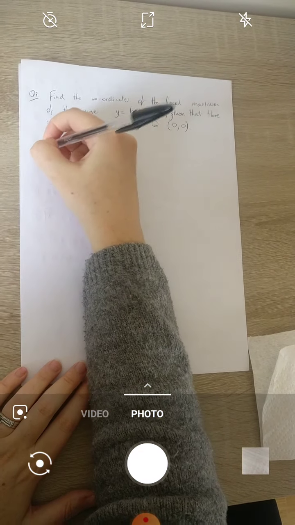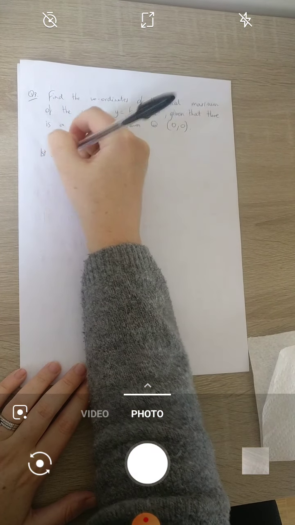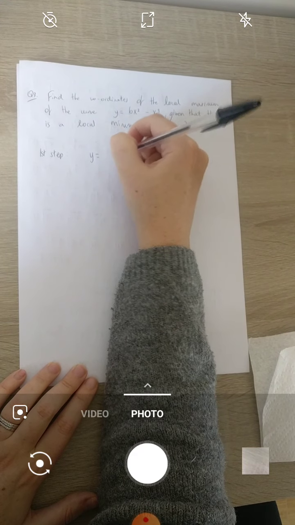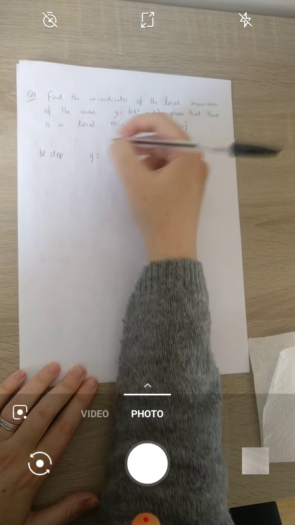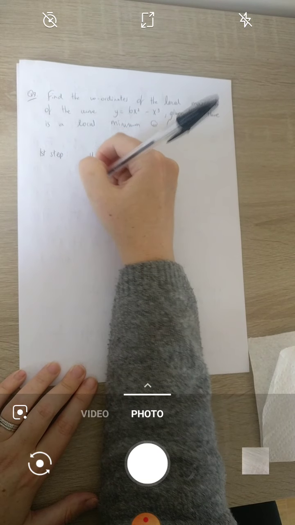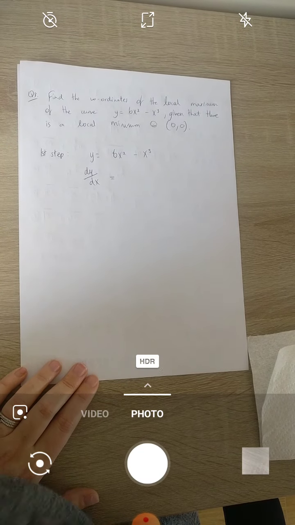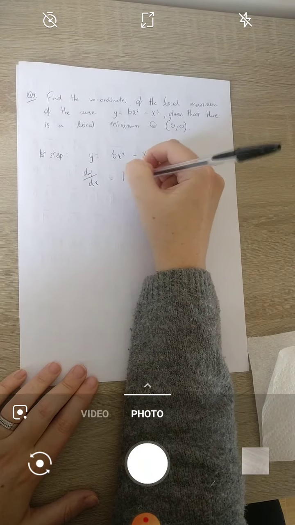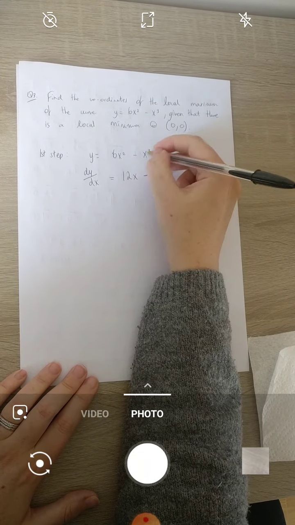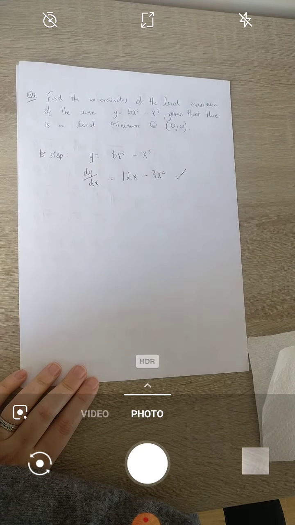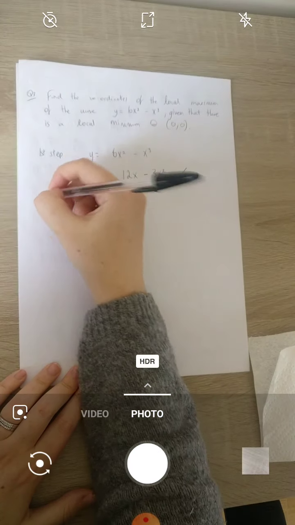Our first step again is to find dy/dx, the derivative of y. So 2 times 6 is 12x, minus 3 times 1 is 3x squared. That's your first step done, finding the derivative.